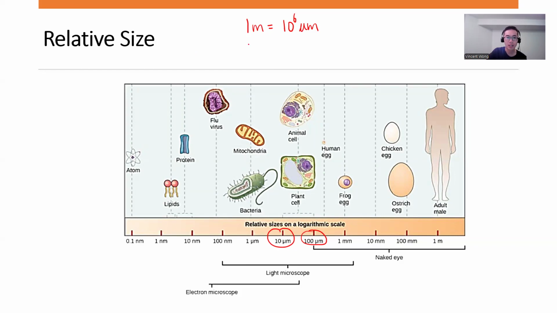Okay, nanometers. So 1 meter is 1,000,000,000 nanometers. So this gives you a perspective as to how big various things are. Some of these things we're able to see with our naked eye, but if we want to have a detailed look at the cells, then we would need the help of a microscope.